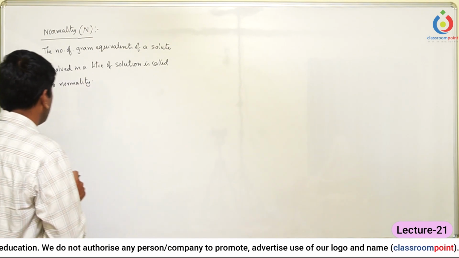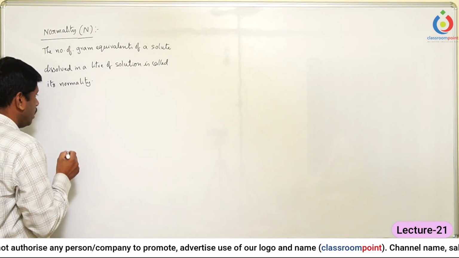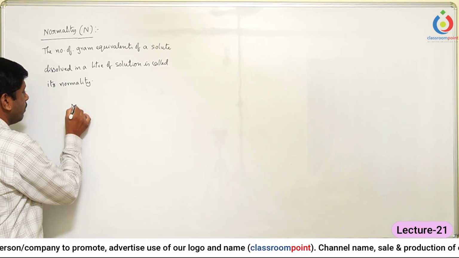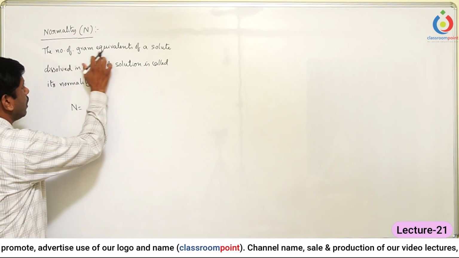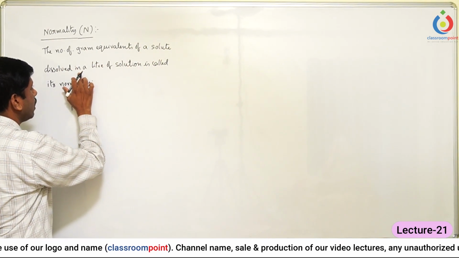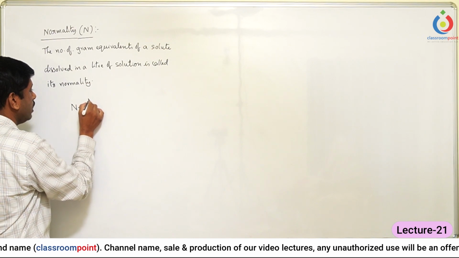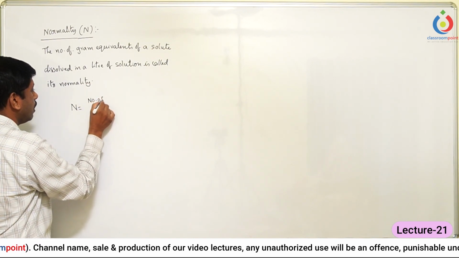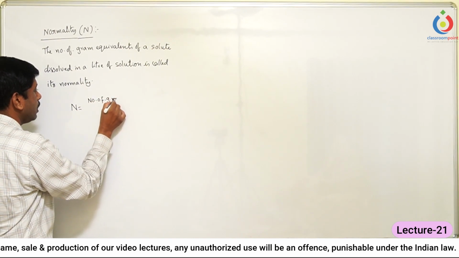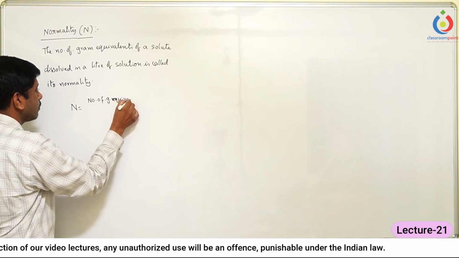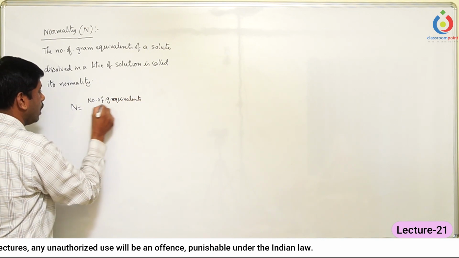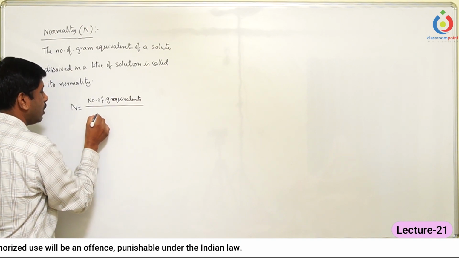Now let us see the formula developed from this definition. Normality equals the number of gram equivalents of solute per liter of the solution. So in the numerator write the number of gram equivalents of solute, per liter of the solution.